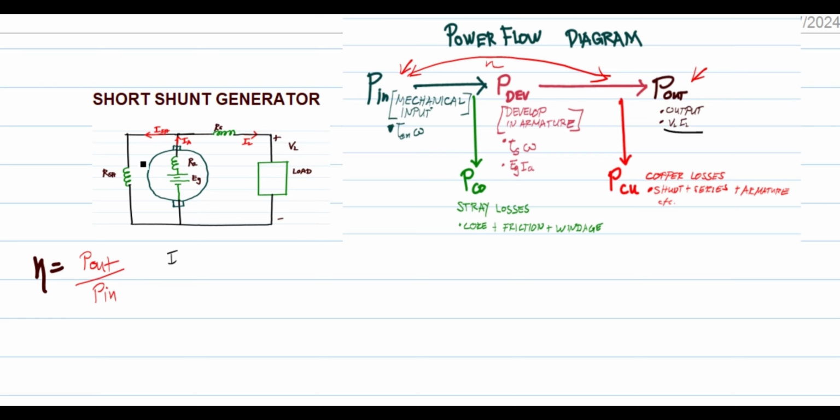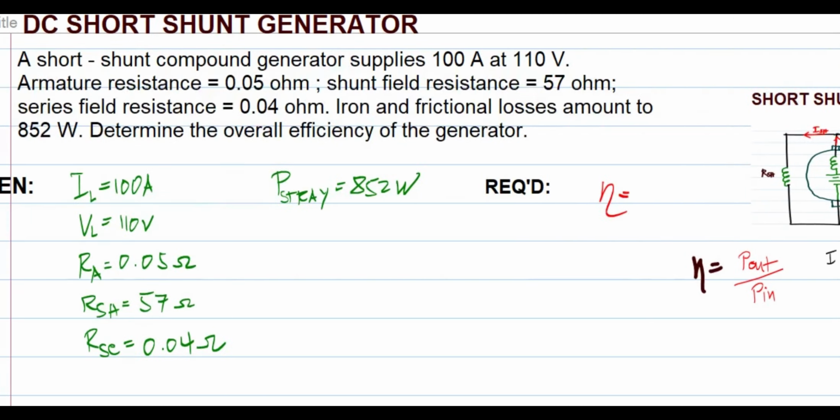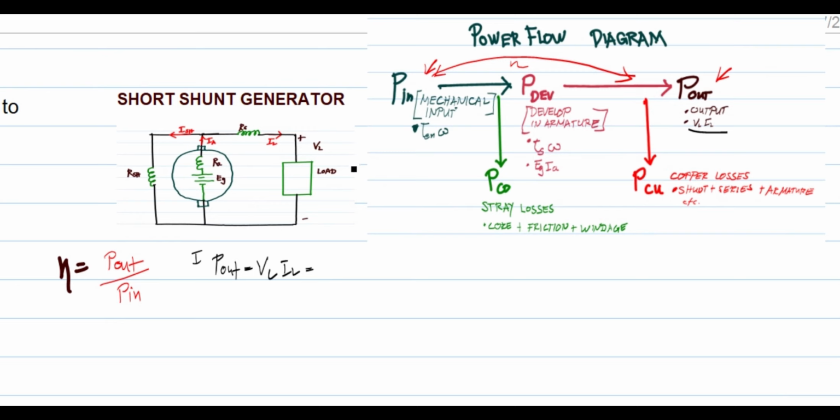Step 1. P out is equal to VL times IL. Therefore, 110 volts times 100 amps, which is 11,000 watts.